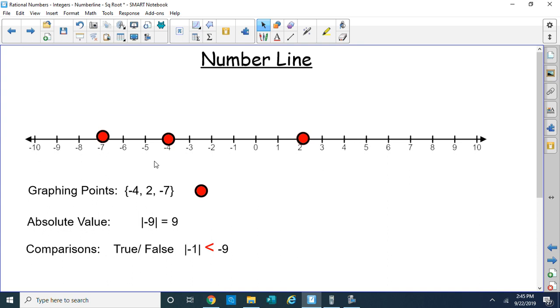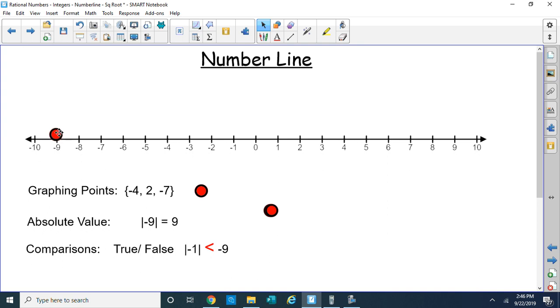The next topic is absolute value. Absolute value means the distance a number is away from 0. So let's put absolute value of -9. So if we graph -9 on there, we want to find out how many spaces it is away from 0. It says 9.